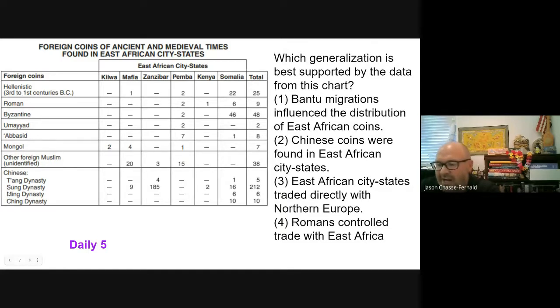We use the Qing spelling in our class, right? But the Ming Dynasty doesn't collapse until 1644. So the Qing Dynasty, these are into the 1600s, right?